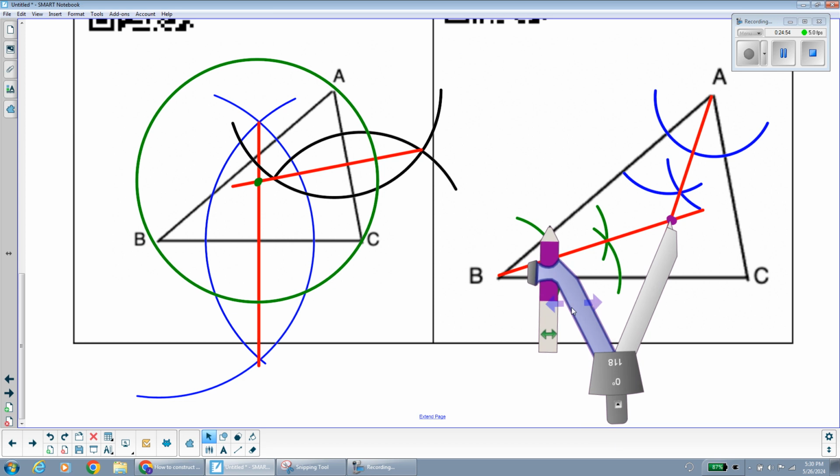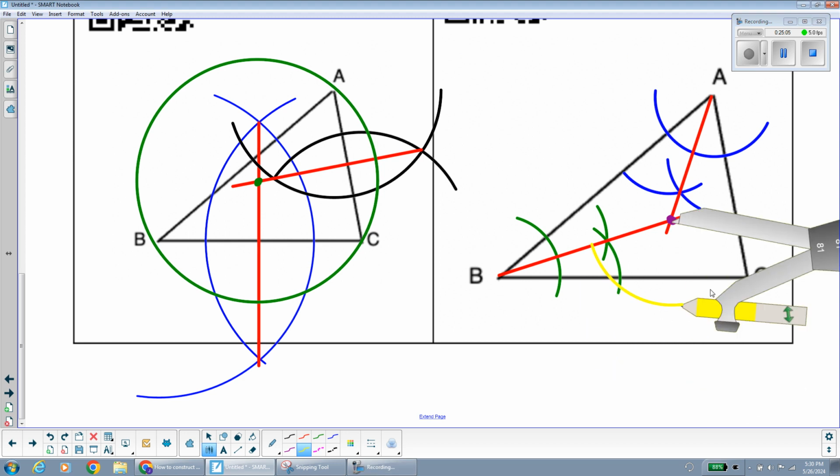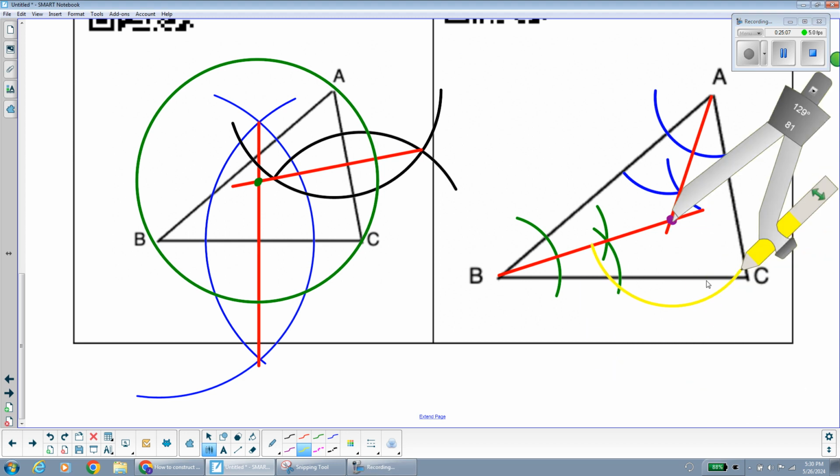And then we just want to make an arc that's going to intersect that line segment in two spots. I'm going to be using yellow for this arc so we can tell the difference. And notice it hits the side of the triangle in two spots. Now, let me just dot those intersection points real quickly.